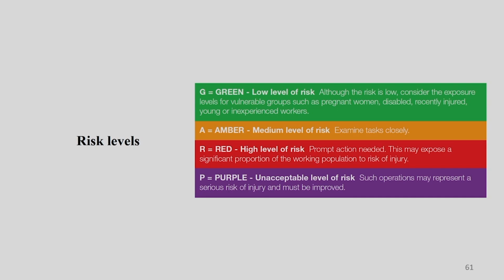So prompt action needs to be taken, and this may expose a significant proportion of the working population to a risk of injury. So here you are actually getting into the alert zone. The red zone talks about a high level of risk.